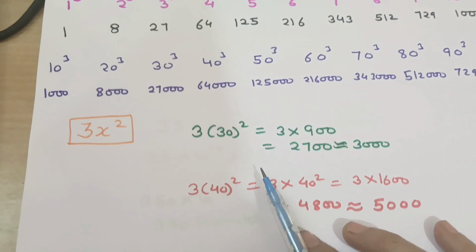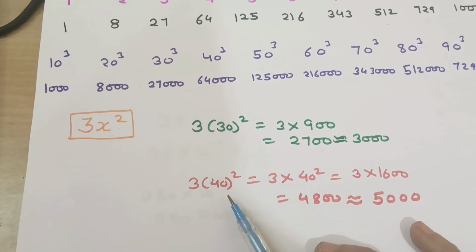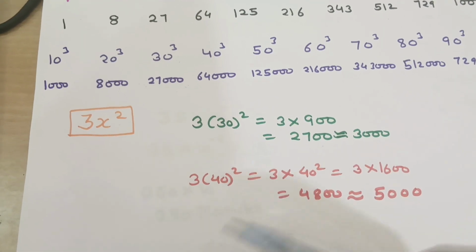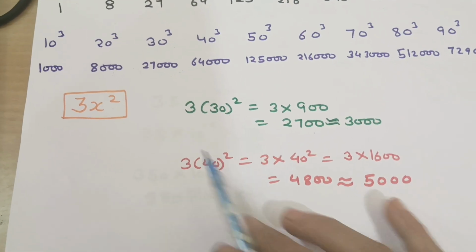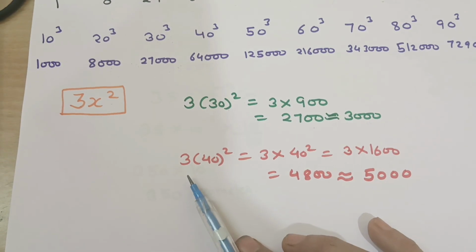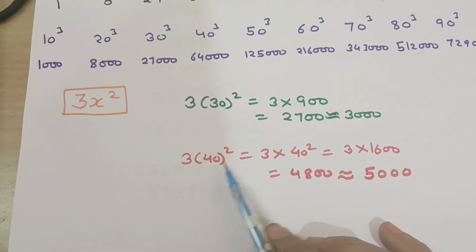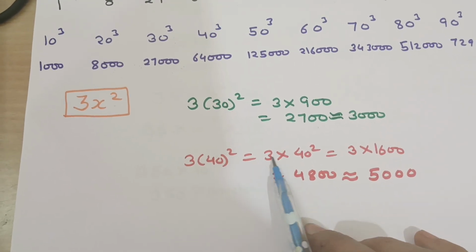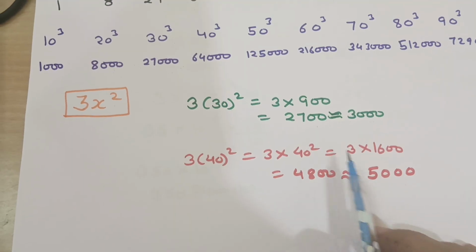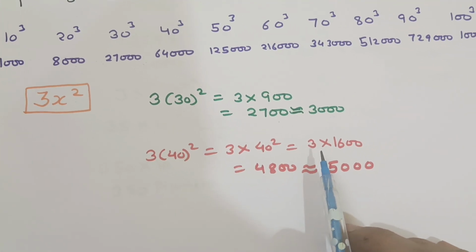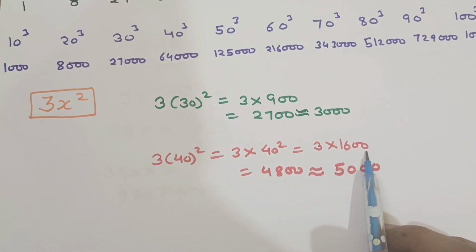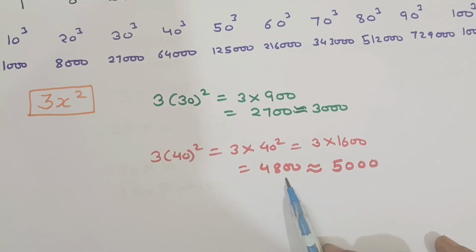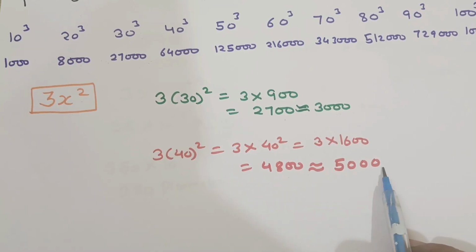For example, 41 cube. 40 cube is 64,000, and how much is 41 cube? How to find the next number? 3x square is the formula. What is x here? 40. We are finding 3 into 40 square. 3 into 4 square is 16, two zeros we put, 4800, which is almost equal to 5000.